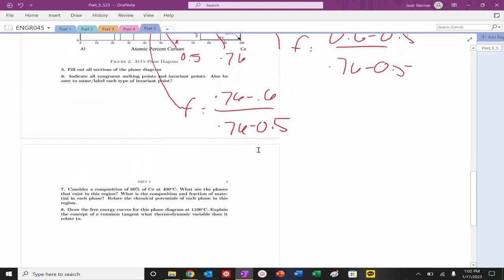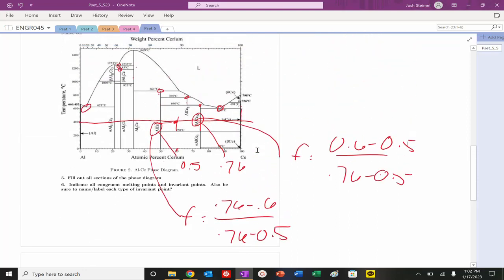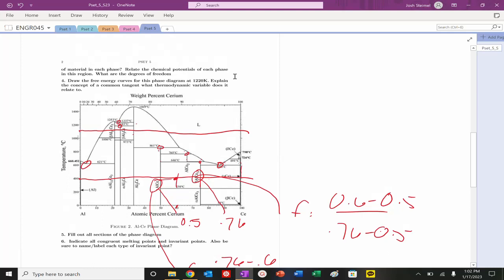Excellent. And then finally, at 1100, let's go to here approximately. What does my free energy curve look like? So again, the key things, I'm going to draw from here to here, then from here to here, and from here to here.